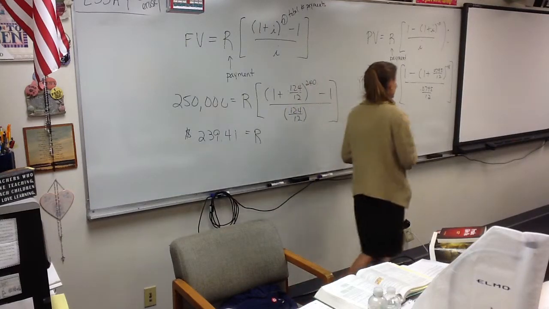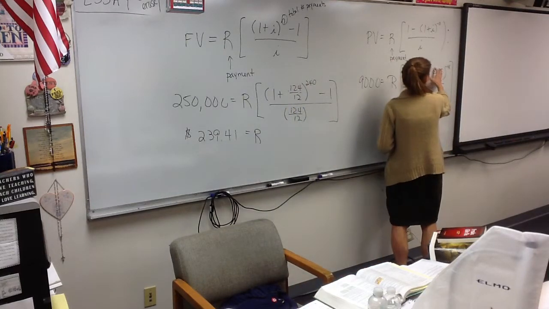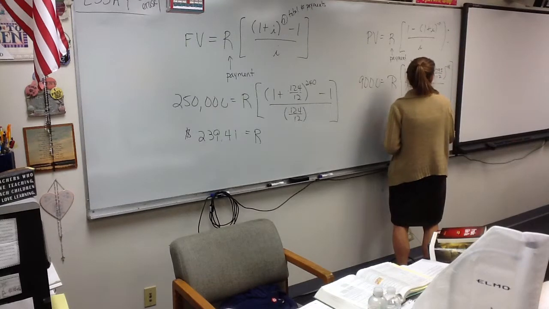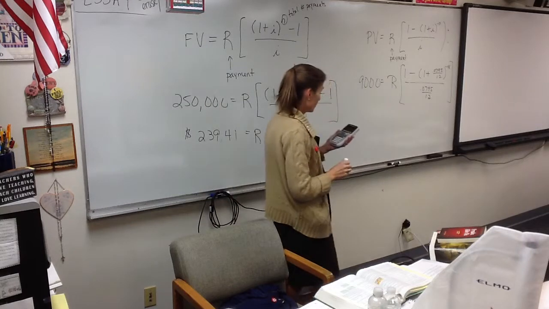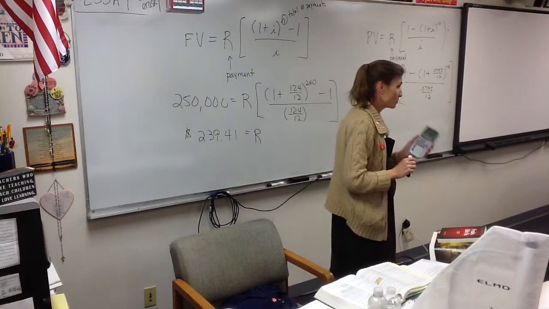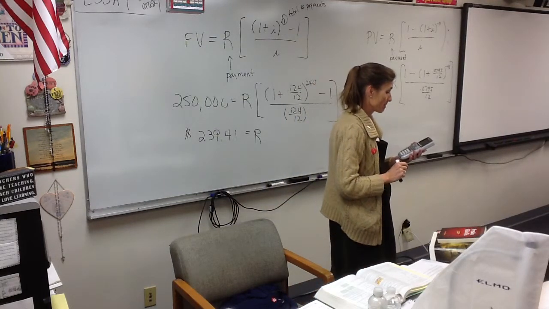Now you could also do that in steps. You could do the parentheses, raise it to the negative 48, and then 1 minus that answer. What did you get for your numerator? Somebody else want to touch base? 0.27?